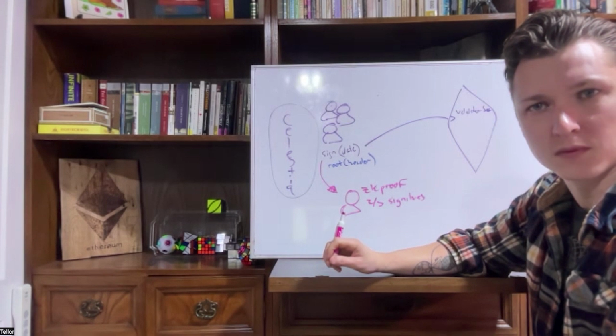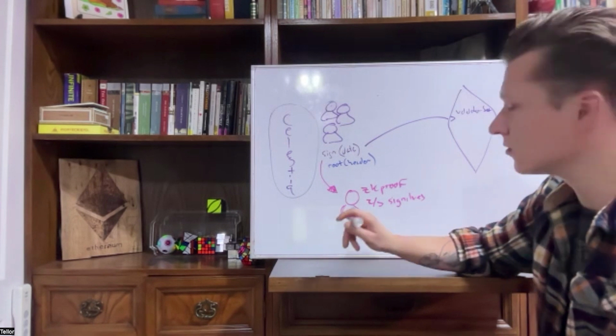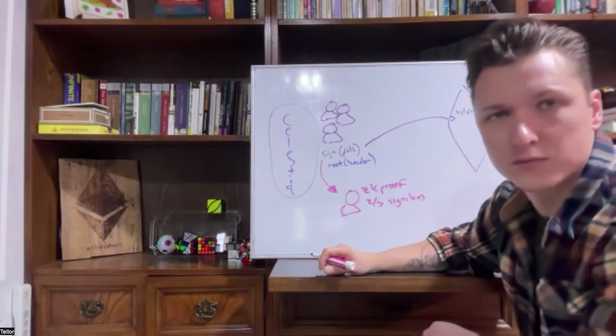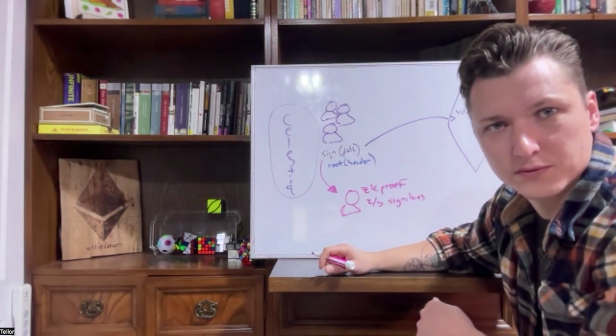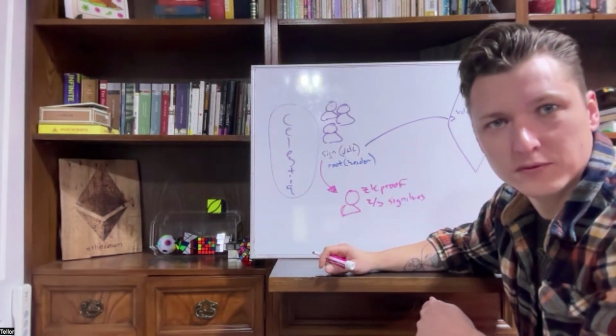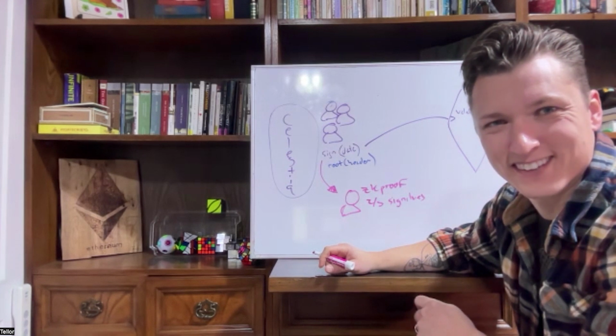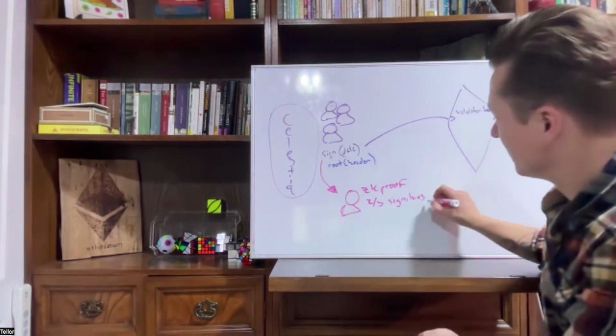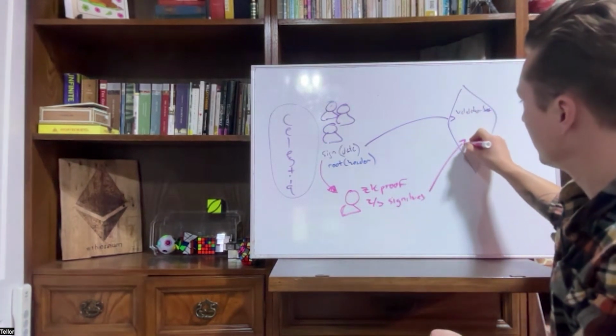So if the last block height that was updated on the contracts was 100 and now we're at 200, I'm going to prove all of the signatures in the past 100 blocks. There's an optimization there, but anyway, I'm going to prove those signatures. Now I'm at block 200.